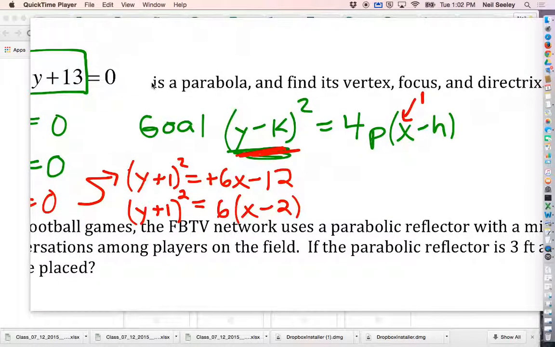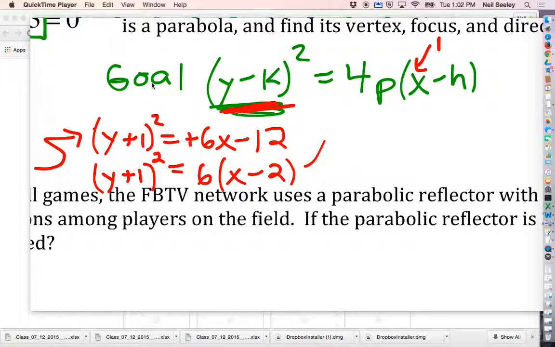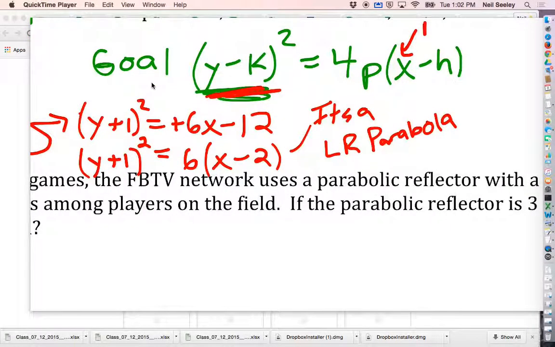So guess what? We're done. Check. It says find the equation in its standard form or prove that it's a parabola. This is proof. It's a left-right parabola. We got it. We're kind of there, but we got more. We can do more than this. We can go for the bonus.